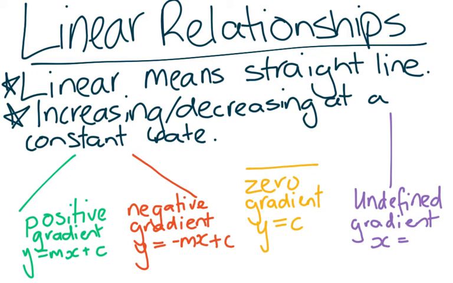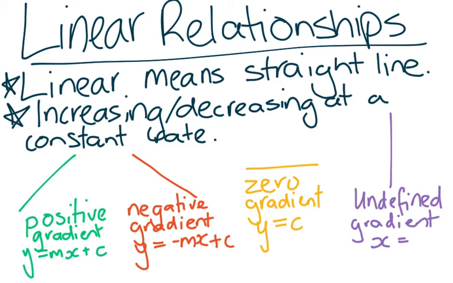And that's because it's a flat line. And if you think about it, that means there's no slope, or the slope is 0. So you'll notice there that the m has disappeared from the equation. We're just left with y equals c. And that's because you should know now that if the gradient is 0, if we do 0 multiplied by x, the x will disappear because it is just 0.